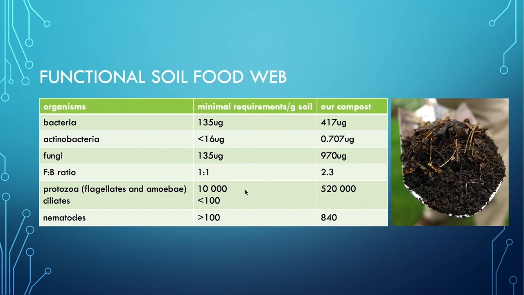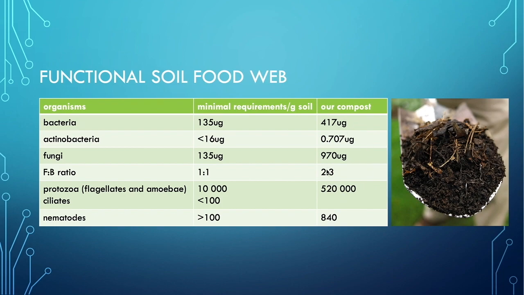And this is what we look at: whether we've got the right ratio of fungal to bacterial biomass specifically, that we don't have ciliates, because if there's a lot of these, that means anaerobic conditions are forming, that we've got more than 100 nematodes, and that we have a specific number of bacteria and fungi in terms of micrograms per gram. And that's actually the numbers of a compost that we created for a trial.